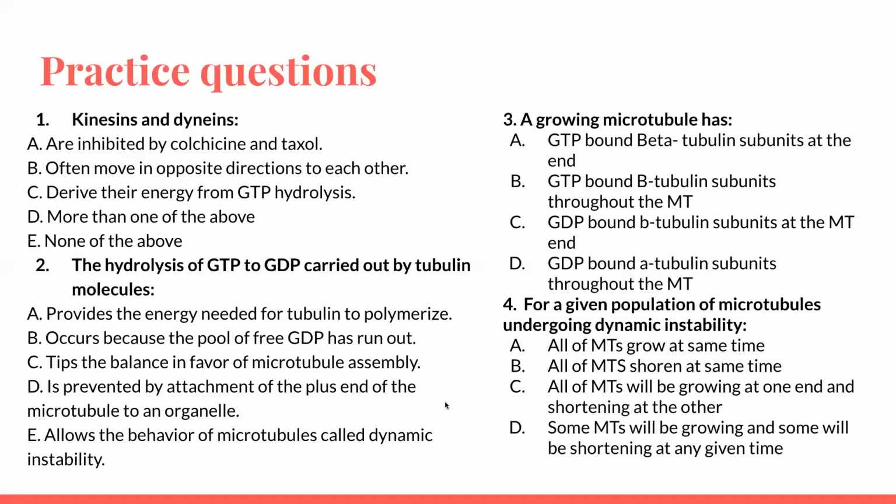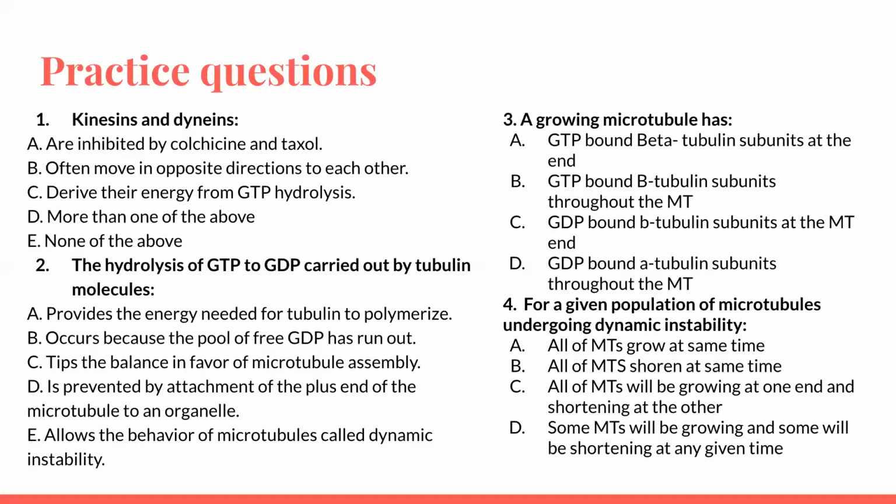Yeah, I would say it's because of that GTPase activity, because it has that intrinsic ability anyways. That is a little tricky though. But it is E. And then D, C, and B are not correct because hydrolyzing GTP to GDP is not assembly, it's disassembly. So that's kind of why 2 is E.